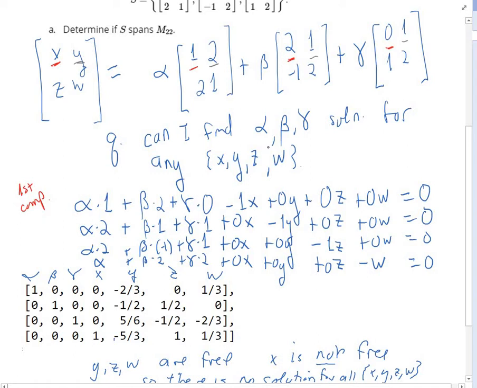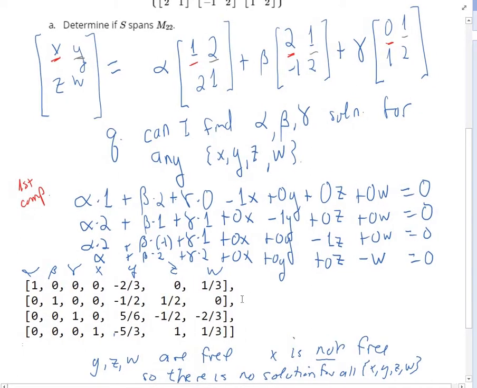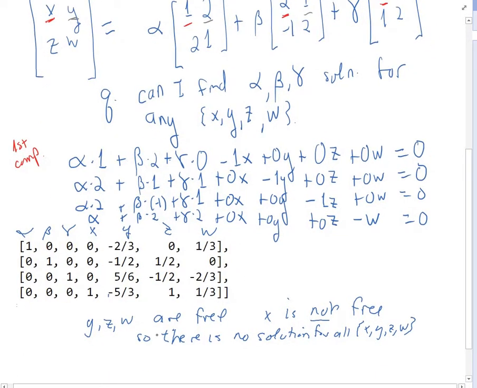Now, the answer is no. And the reason is given down here. If you see this matrix here, only y, z, and w are free. x is not free. So that means that I can only specify y, z, and w arbitrarily. x is going to be fixed.